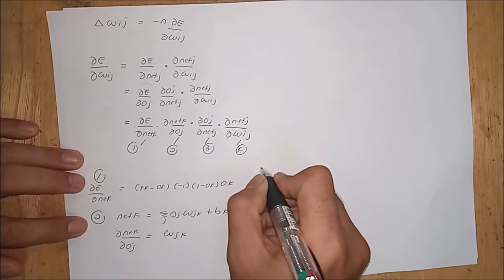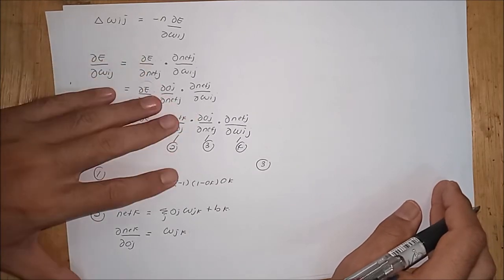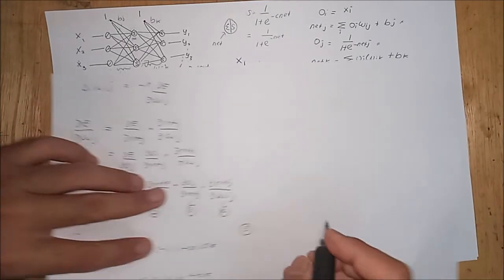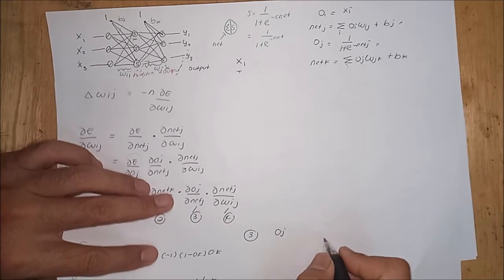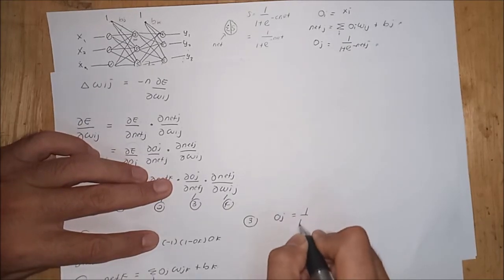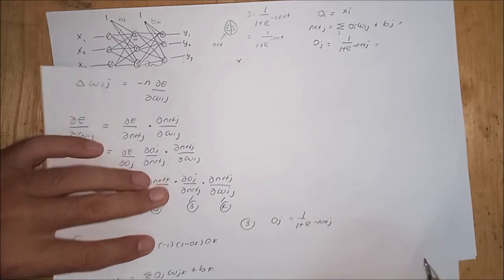Next we move to the third part of the equation, doj over d net j. So oj is equal to 1 over 1 plus e to the minus net j.